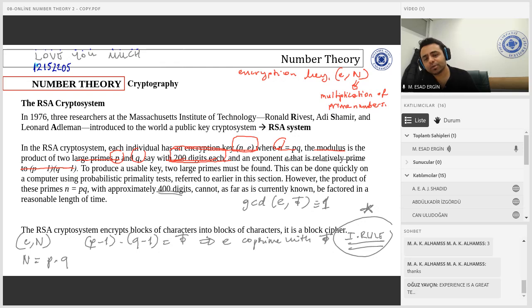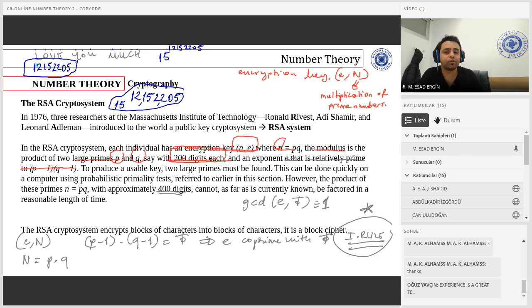But in the RSA crypto system, it uses one number, which is 12,152,205. So they use, for example, 15 to the power of that number. Let me rewrite here, for example. This is the power of the 15. This is the kind of crypto system it uses.